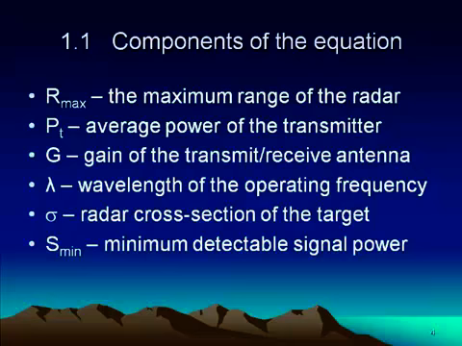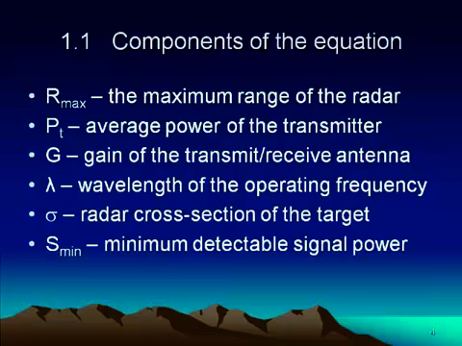The G is the gain of the antenna, it doesn't have any units. Then lambda is the wavelength of operation, normally given in meters or centimeters. The sigma is the equivalent rectangular area of the target, and it is given in terms of meter square or square meters.